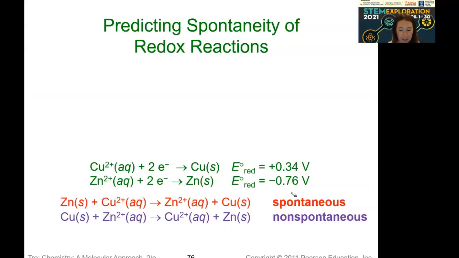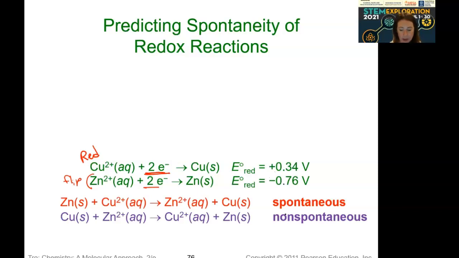The more positive it is, the more likely it is to be reduced. This is more positive, so this one is more likely to be reduced. The more negative it is, the more likely it is to be oxidized. This is a reduction potential, so we have to flip it, and then we flip this also.